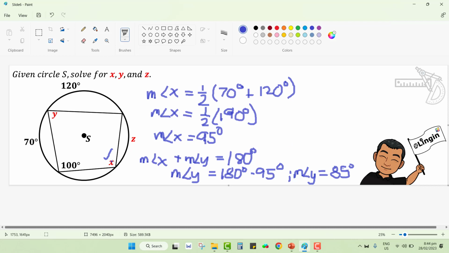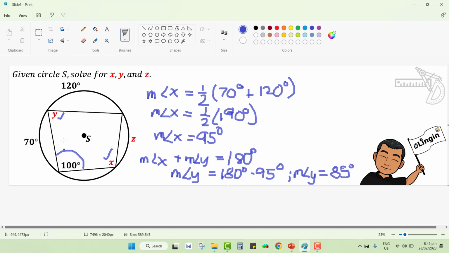Now for z, which is an arc, we can refer to the relationship of the inscribed angle intercepting it. But we don't have a specific inscribed angle that is intercepting it alone. What we have is either angle y, which intercepts that arc together with this arc here, or this angle here, which intercepts the 120 degree arc and includes that unknown measurement.